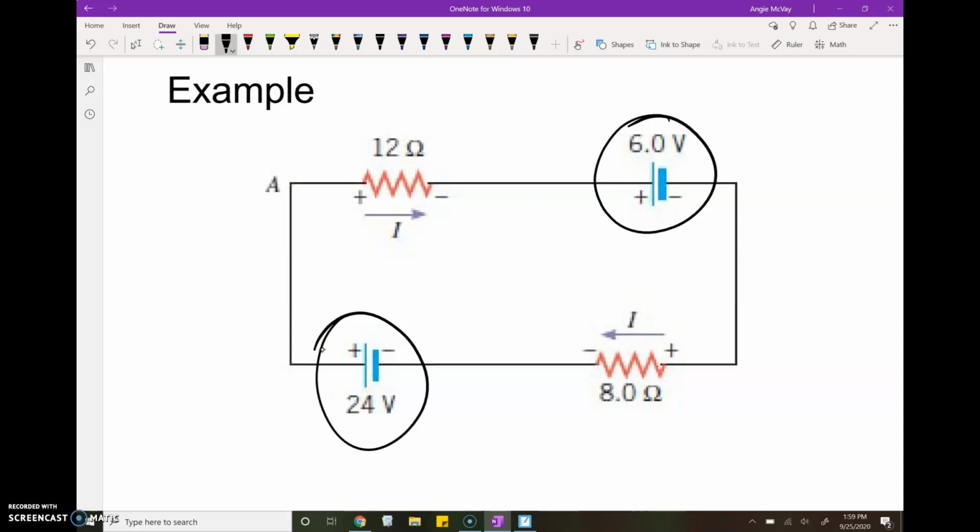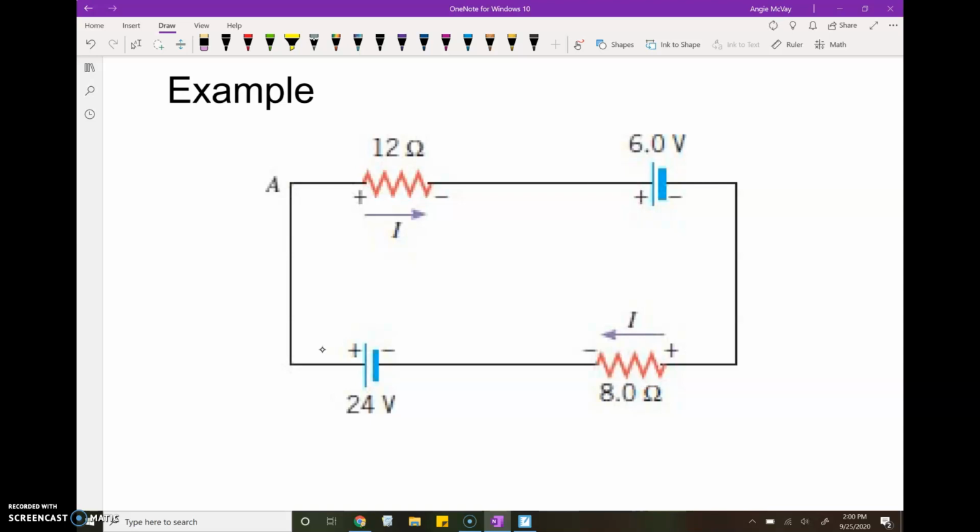You also have two resistors in the circuit. Conveniently, in this circuit there is only one loop and there are no junctions. There are no places where wires connect or wires split off. We've just got one loop.